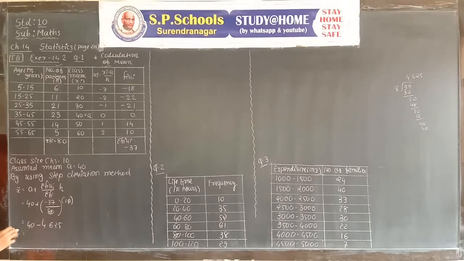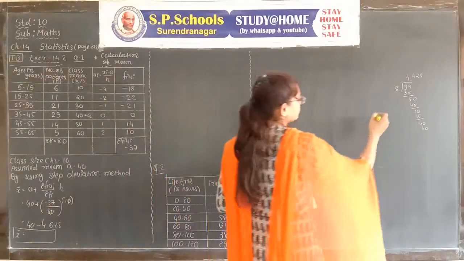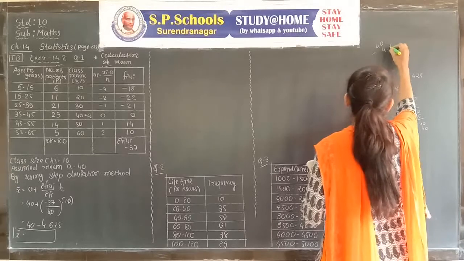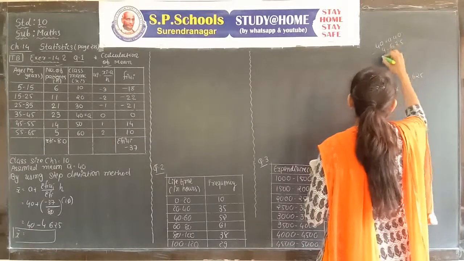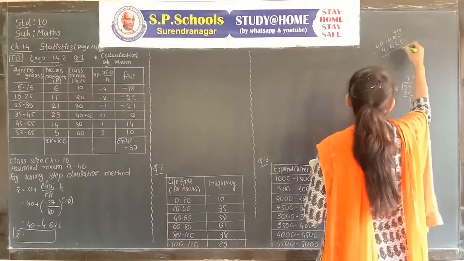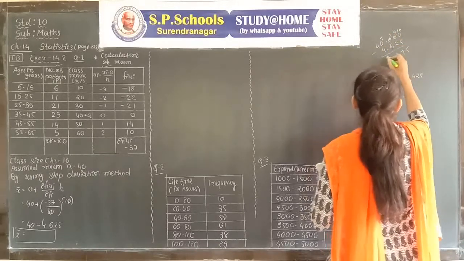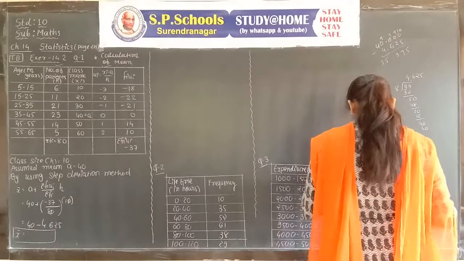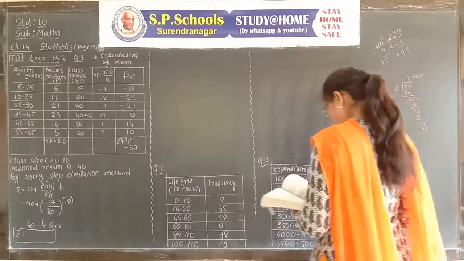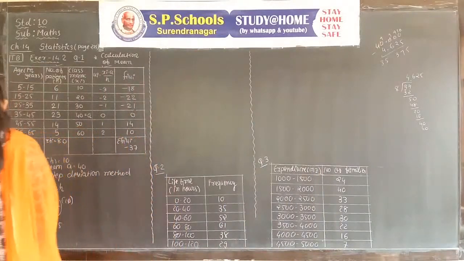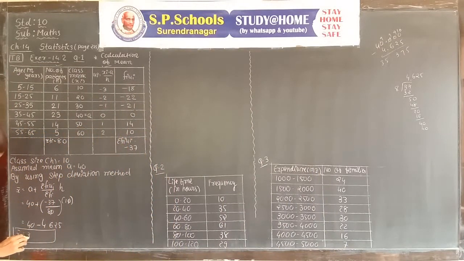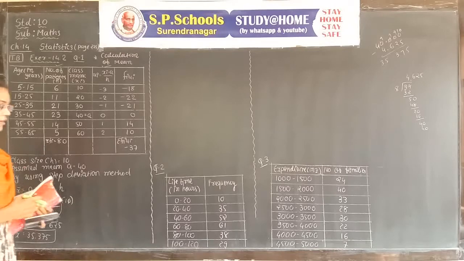Now we subtract 4.625 from 40. 40 minus 4.625: 5, then 9 minus 2 is 7, 9 minus 6 is 3, 9 minus 4 is 5, and here is 3. The answer is 35.375. 35.375 is the mean of the given data.